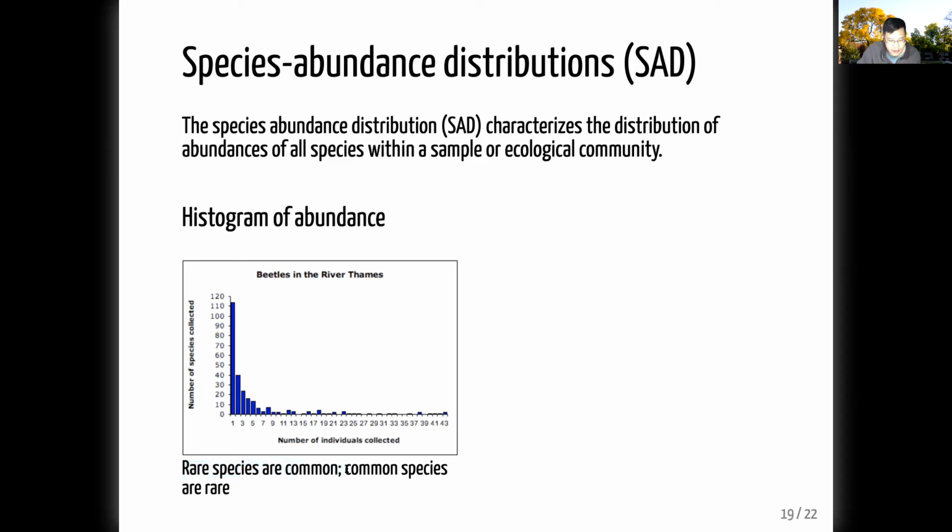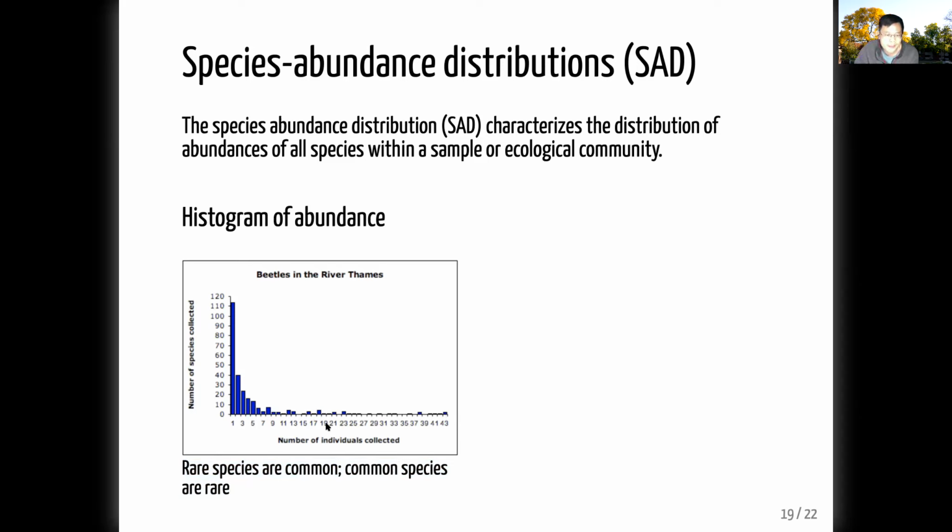So common species are rare. And this pattern, that rare species are common and common species are rare, is generally true in most ecological communities, no matter what scale you look at, small region or large region. This pattern holds across spatial scales.